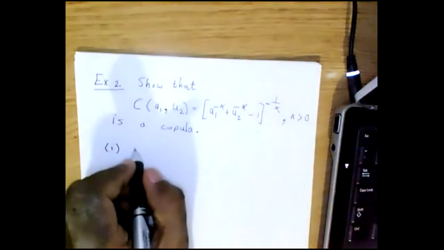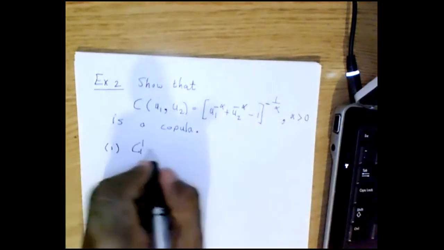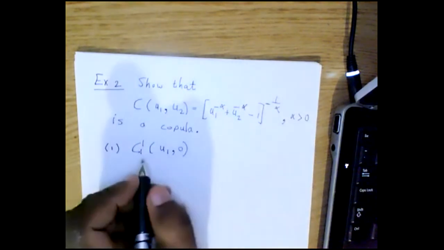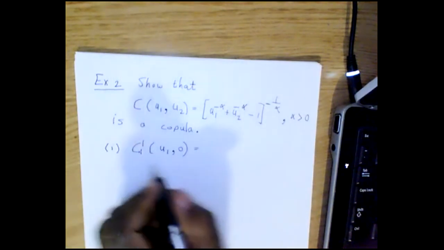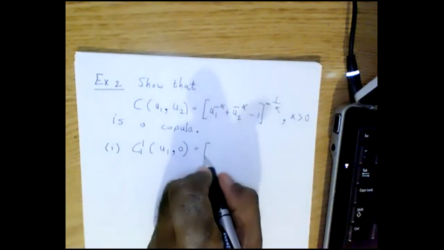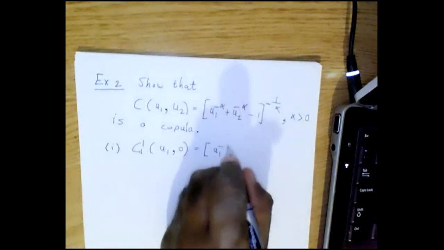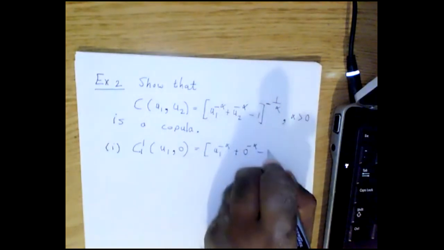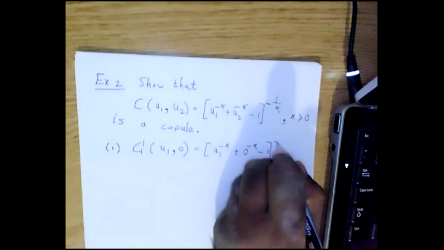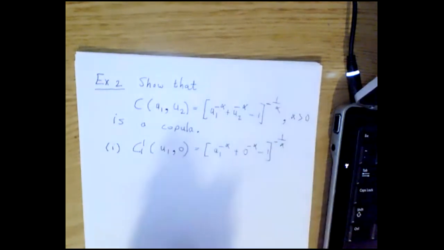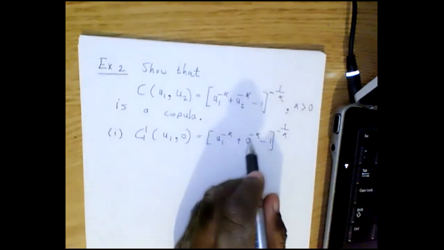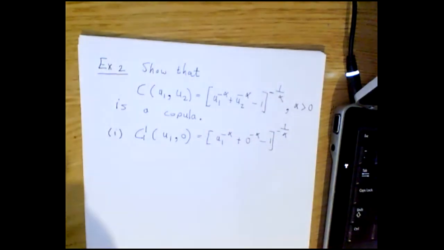is whether C at U1, 0 is 0. So if you put this in, this is what you get. Now 0 raised to a negative power is infinity, right?